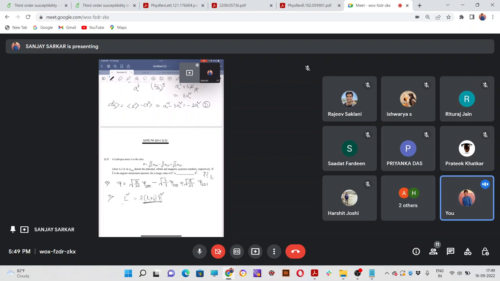And on a similar note, the eigenvalue of Lz, the z component of the orbital angular momentum, is m h bar. So answer 2. Yes, the right answer is 2.